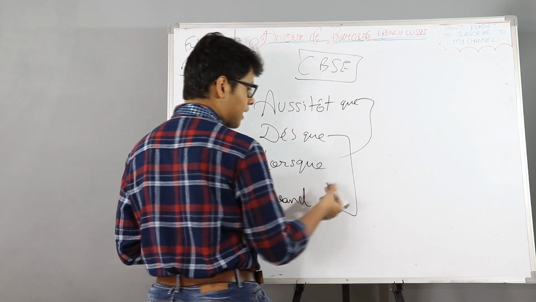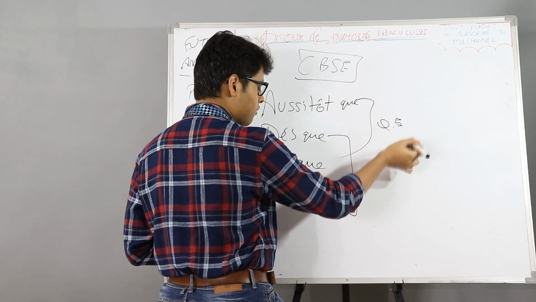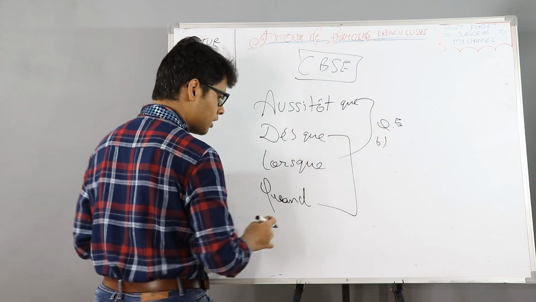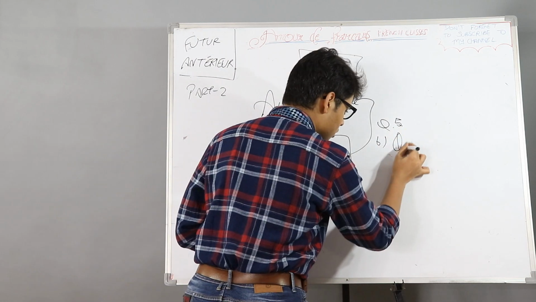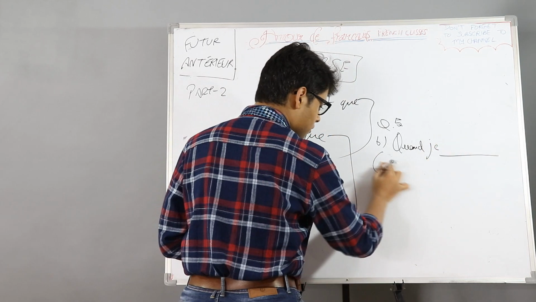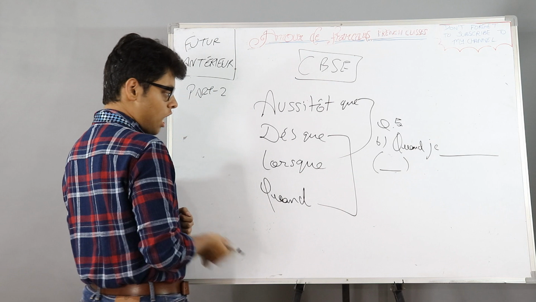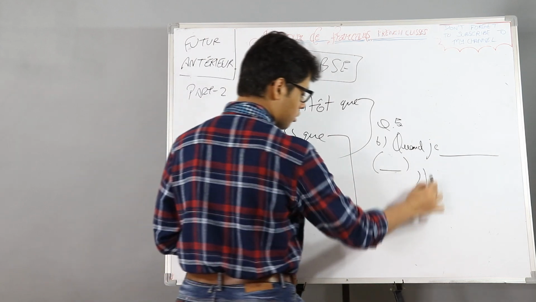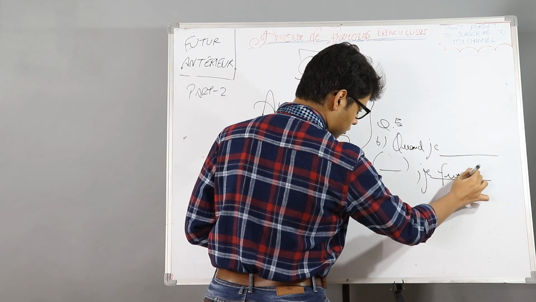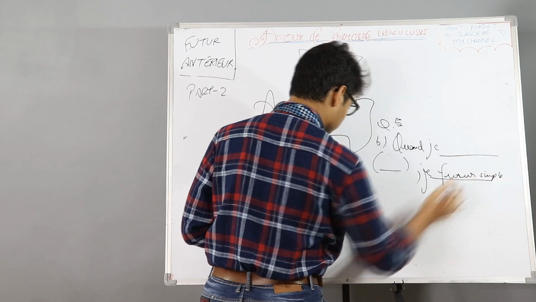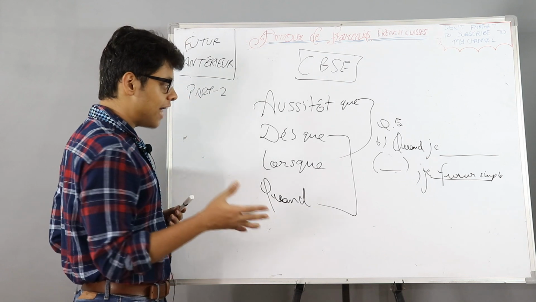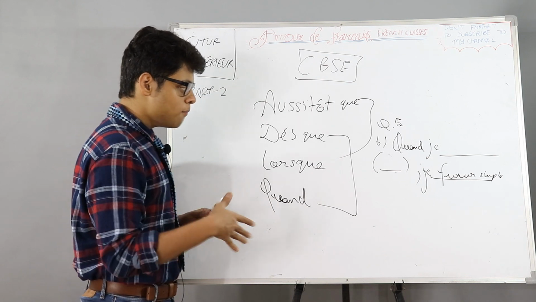Now how will they give a clue? Suppose there is a sentence, say question number 5 part B, question number 5 is a mettez au temps convenable, part B is of futur antérieur. There is quand written here, quand je, a blank with some verb mentioned, and comma je, a verb in futur simple.